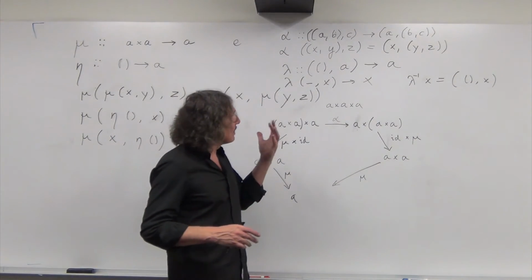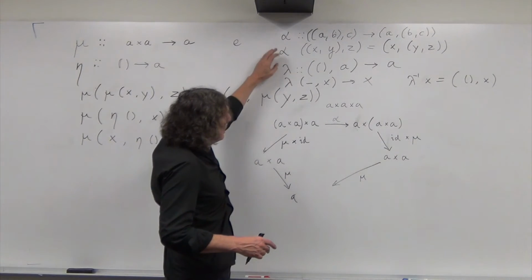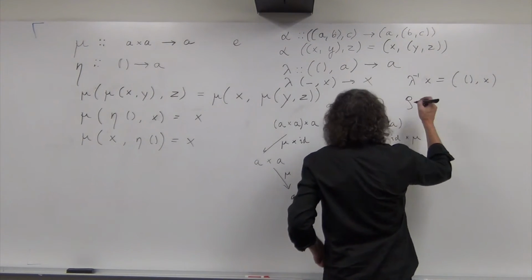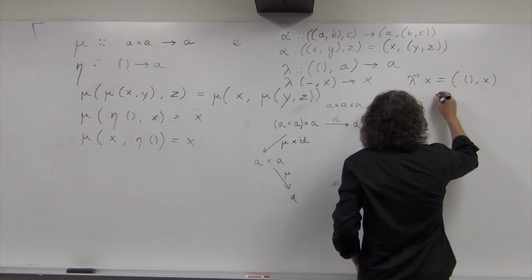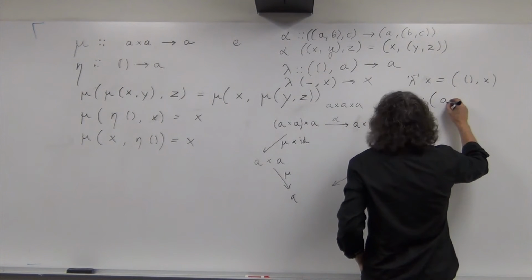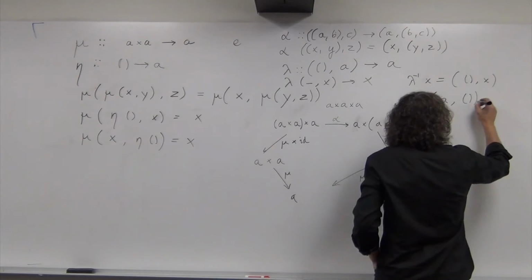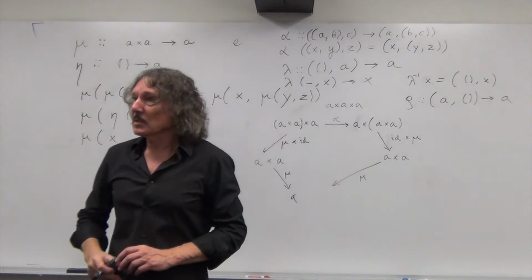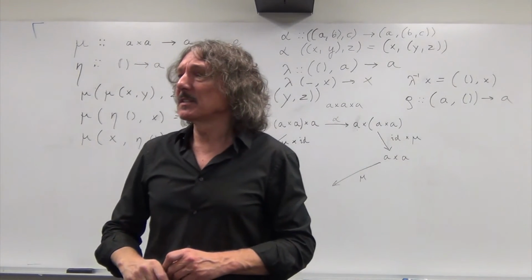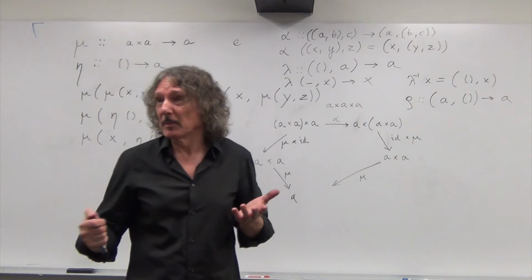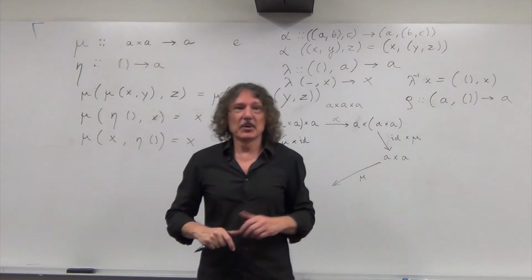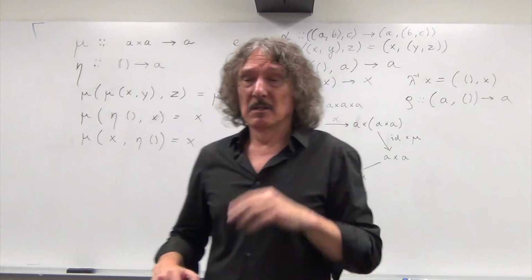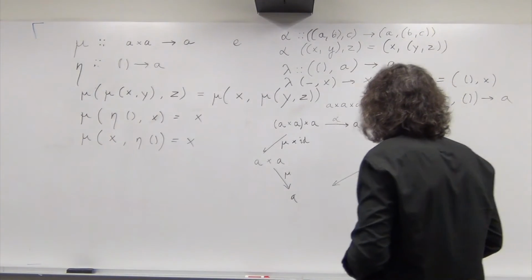There are three isomorphisms: alpha, lambda, and another one, rho, which is a right unit. So that's what I was saying: unit is the unit of product, and product itself is associative, but only modulo isomorphism.